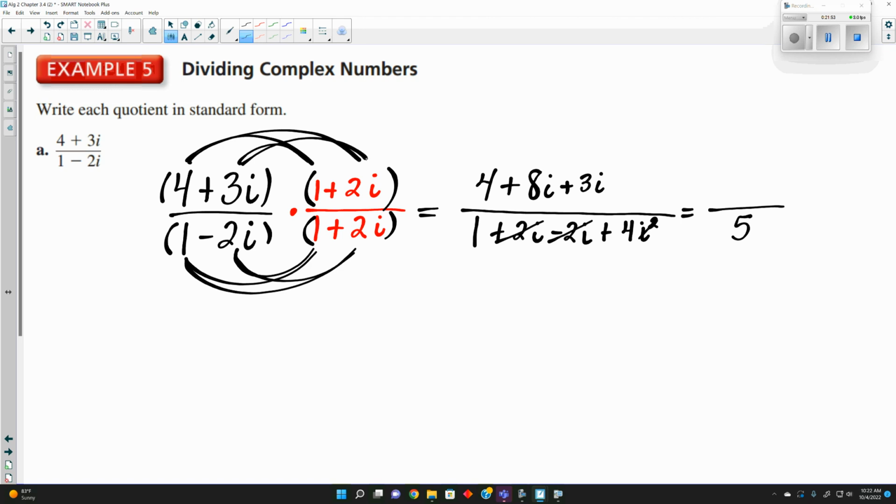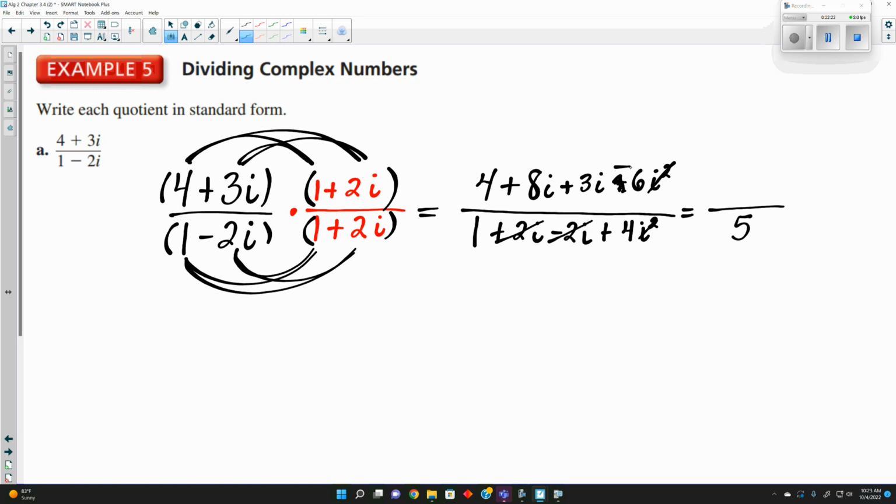And 3i times 2i is going to be plus 6i squared. Well, what do we know about i squared? It's going to change that sign from positive to negative. So what we could do is cross the i squared out and change it from positive to negative. And I find this a little bit simpler than rewriting that back out as plus 6 times negative 1, which is going to make it negative 6.